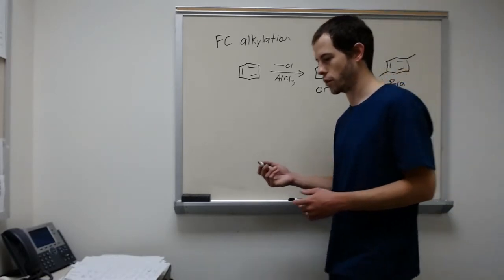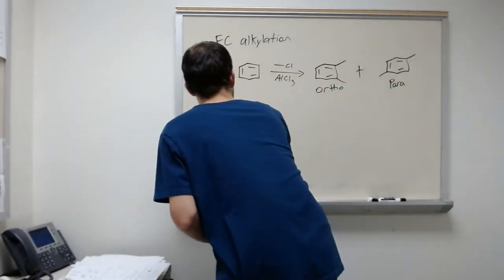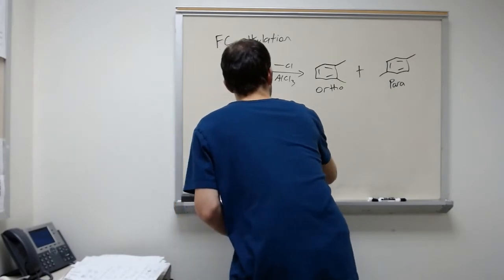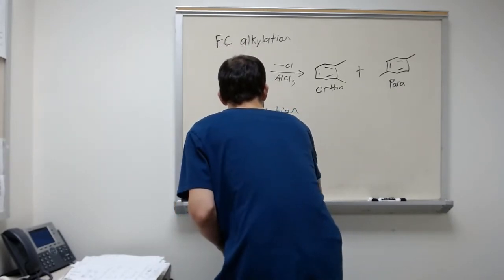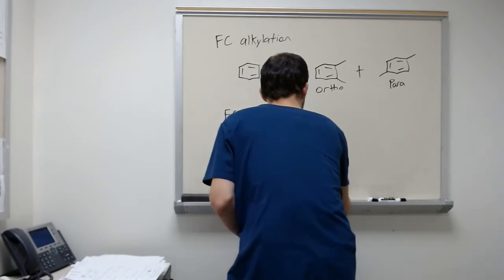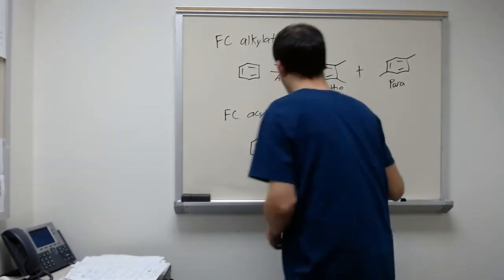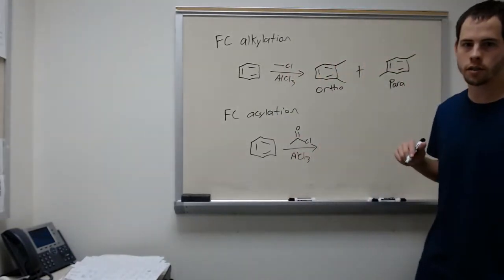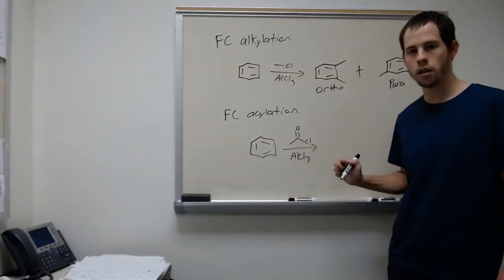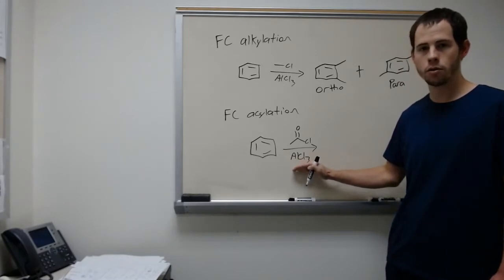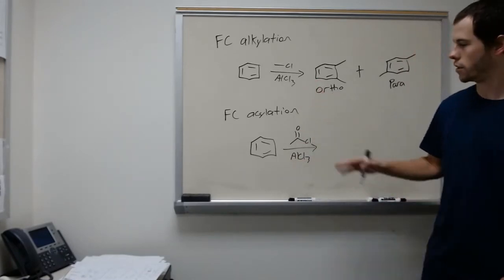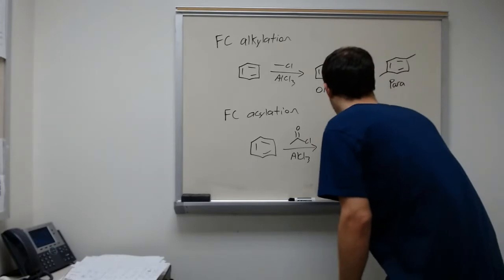So we take a look at the Friedel-Crafts acylation. Alright, so we know in the Friedel-Crafts acylation we take some type of acid chloride and the same Lewis acid that we used in the alkylation, and we get this carbonyl group on there.